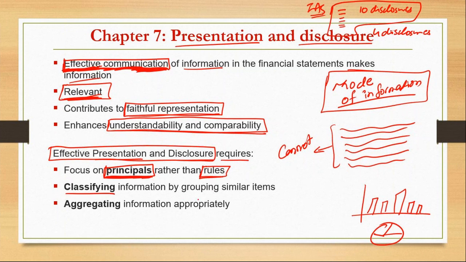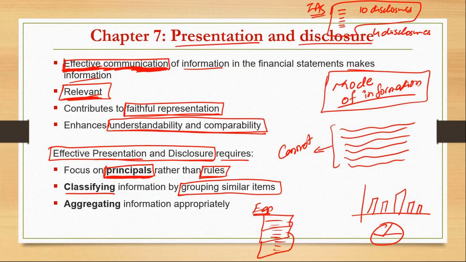So classifying information by grouping similar items, like for example, we have a list of expenses and we are saying that we have 40 types of expenses. So showing 40 types of expenses to a shareholder is pretty silly because nobody would read 40 types of expenses. So we should group them so that it's easier for the user to understand.